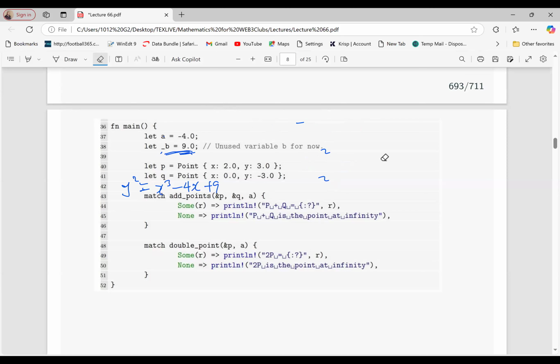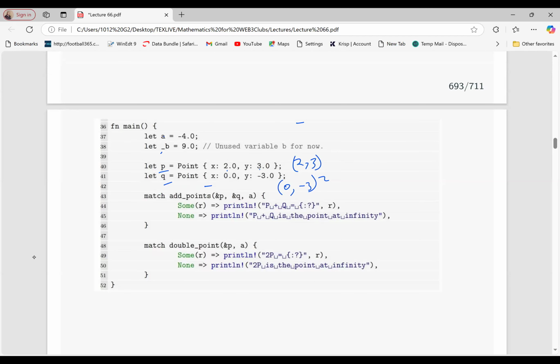Now, that is how my program will be working. I've then said that I want to add P and Q, where P is (2, 3) and Q is (0, -3). I want to add these 2 points. Then I begin with match add points.